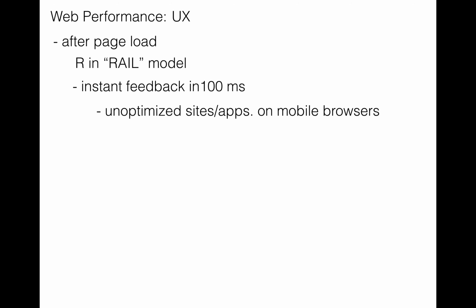First, we can optimize the websites for mobile browsers. If mobile browsers are displaying websites that are not optimized for them, studies say that the instant feedback is around 300 milliseconds.